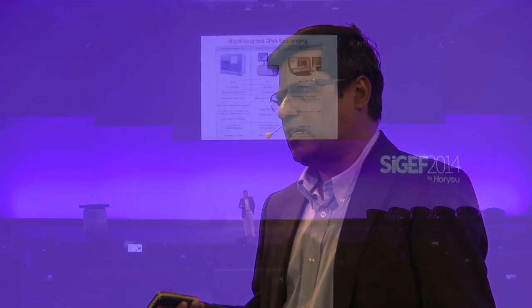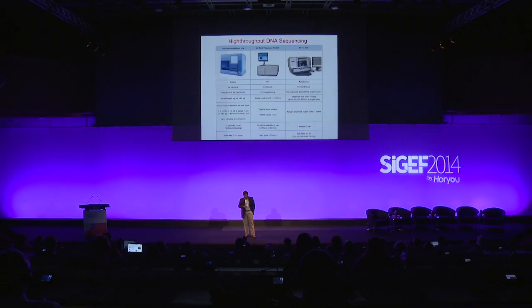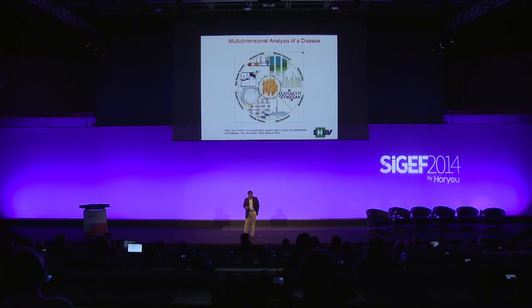Until now, we used to do genetic analysis one gene at a time, but now we have the facilities to screen the whole genome in 3-4 days. Analysis is still a bit difficult, but it is possible. And that is bringing a new dimension into medicine.